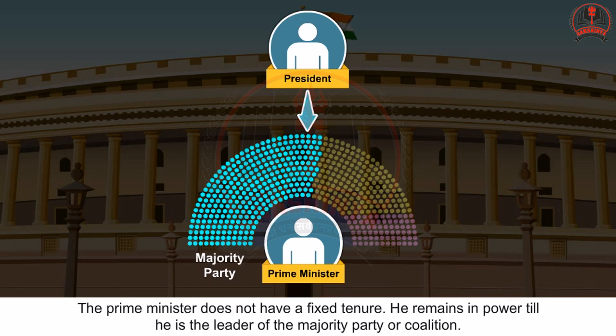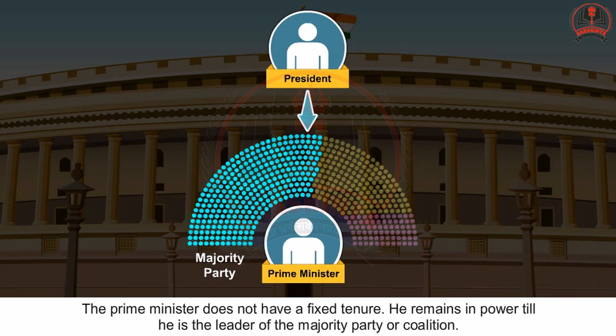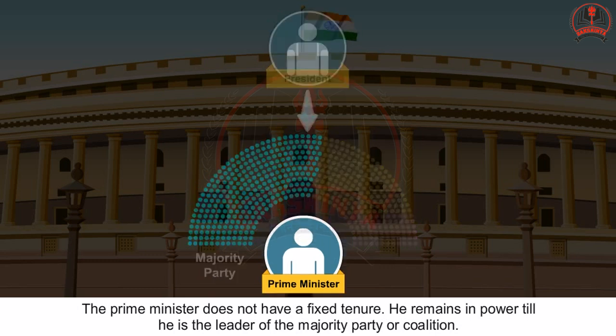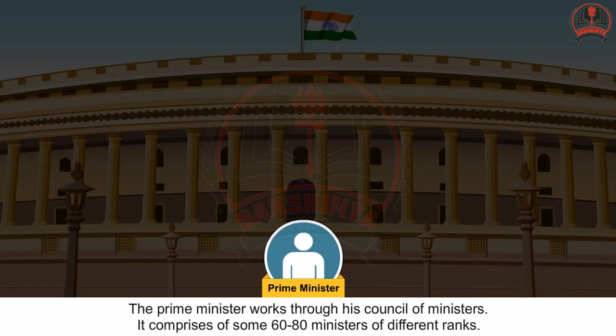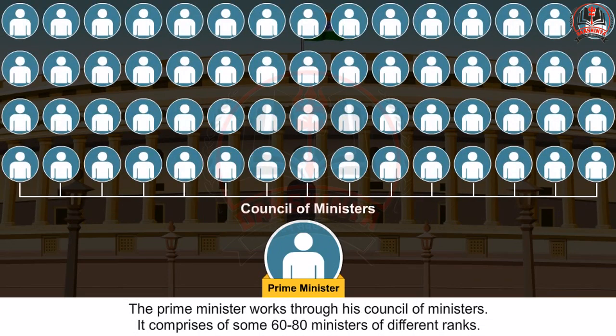The Prime Minister does not have a fixed tenure. He remains in power till he is the leader of the majority party or coalition. The Prime Minister works through his Council of Ministers. It comprises some 60 to 80 ministers of different ranks.